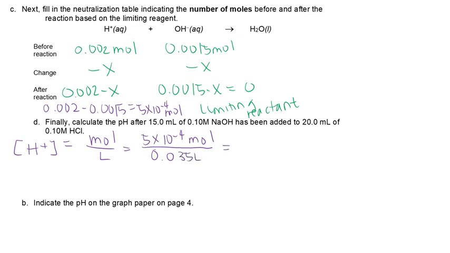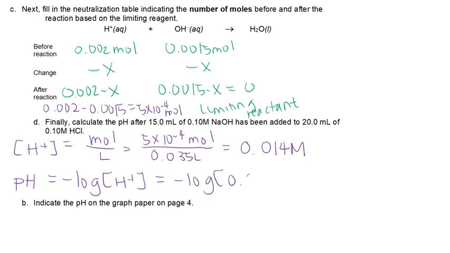And so our concentration of H+ after these have been mixed is 0.014 molar. So if we calculate the pH, that is going to be equal to the negative log of the concentration of the acid in solution. And so that is going to equal 1.85. And then you can put that on the graph paper on page 4 of the worksheet.